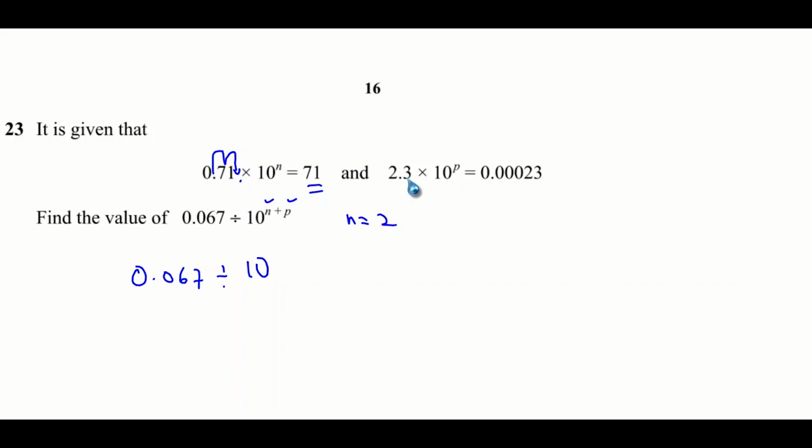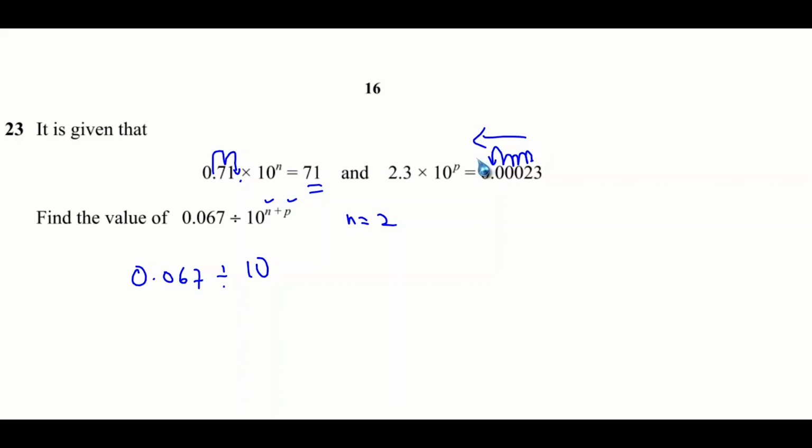From here, you have 2.3, and 2.3 has become 0.00023. So if the decimal point is here, and it is now here, that means from here you should come like this: 1, 2, 3, 4, and 5. So that is towards the negative side.